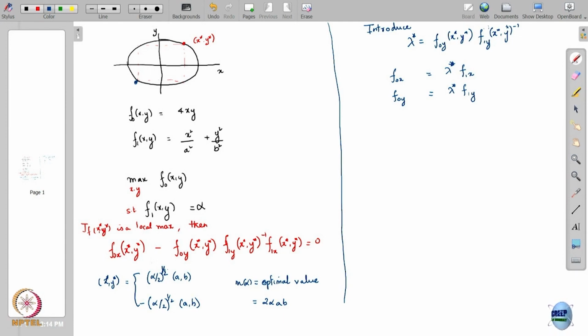In other words, we can put these two together and write it like this. If I take the gradient of f0 at x star comma y star, that is equal to the gradient of f1 at x star y star times lambda star.